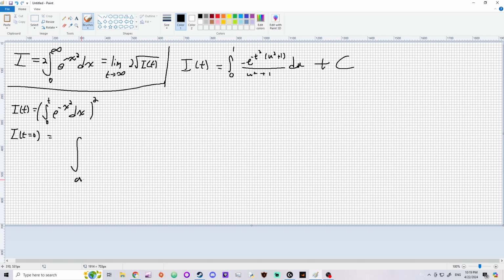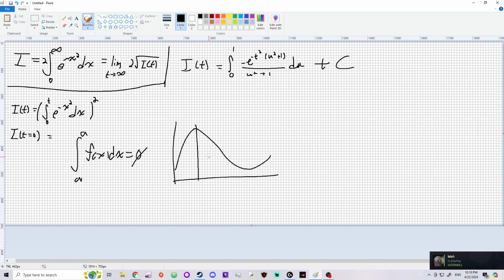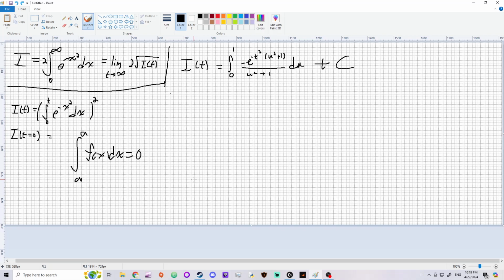The integral from a to a of f(x) dx is equal to 0. Area of some function at the same point, this strip, doesn't exist. It's 0. That's like FTC part 1, I think. So I of t when t is equal to 0 is 0.